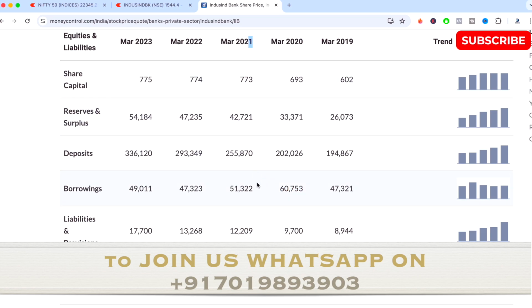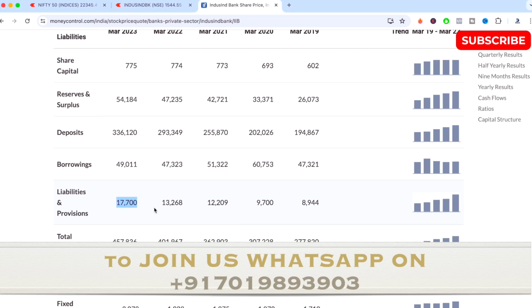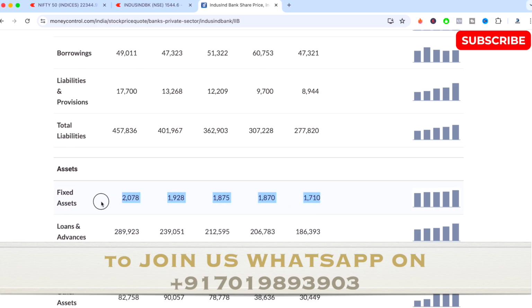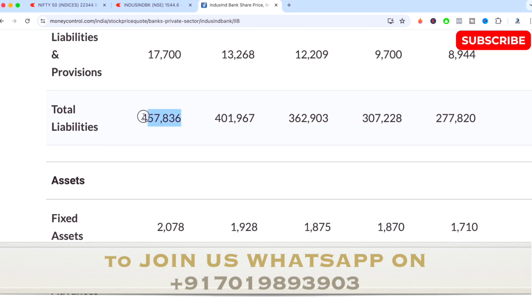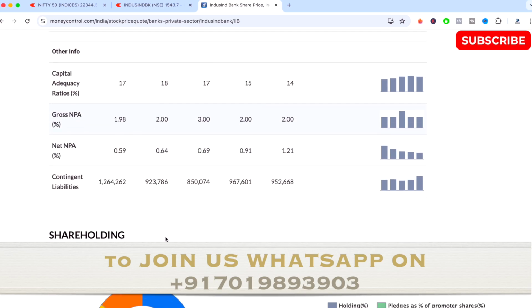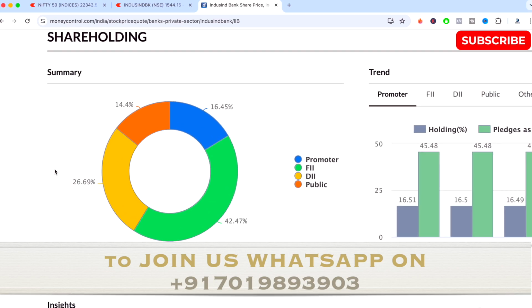In 2021 it was 51, in 2022 it was 47, but in 2023 they took 49,011. Okay, and you can see the liabilities have also increased here, 17,700 as of now, the latest data. And you can see that fixed assets have also increased here, and the total liabilities have also increased here. Okay, so this is the little fundamental you need to know about the IndusInd Bank share.